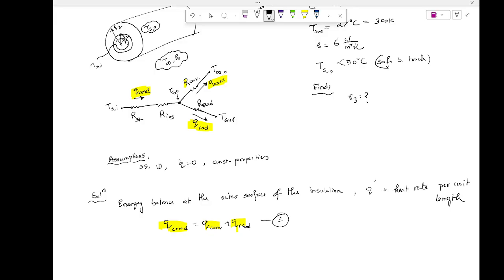Because the pipe length is given or not? The pipe length is not given. So that's why you bother with Q prime. You understand? Single prime. So can I rewrite this as Q single prime conduction equal to Q single prime convection plus Q single prime radiation? And I'd like to call this equation number 1 instead of the first one.